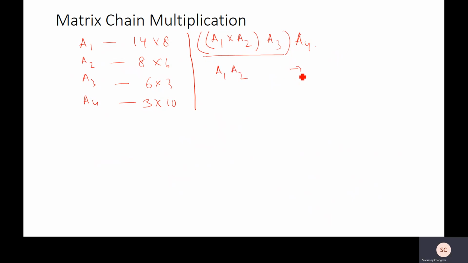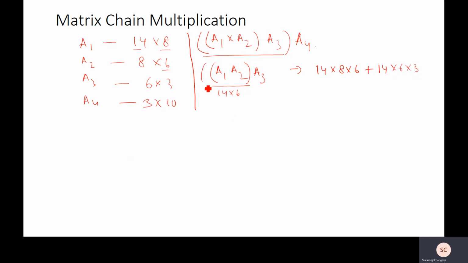So what will be the number of multiplications required? 14 into 8 into 6. Then if we multiply the A1, A2 resultant matrix with A3, what will be the dimension of this resultant matrix? It will be 14 cross 6, and this is 6 cross 3. So therefore it will be 14 cross 6 cross 3.